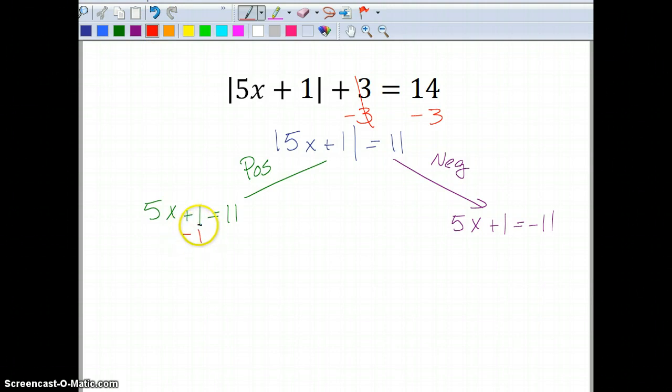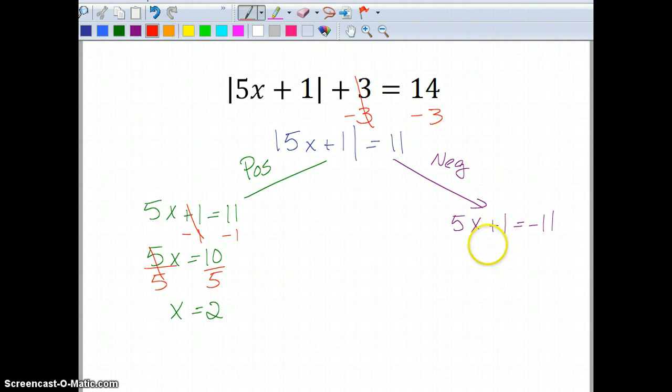First one, I'm going to subtract 1 from both sides. So now I have 5x is equal to 10. I'm going to divide both sides by 5. So I have x is equal to 2.